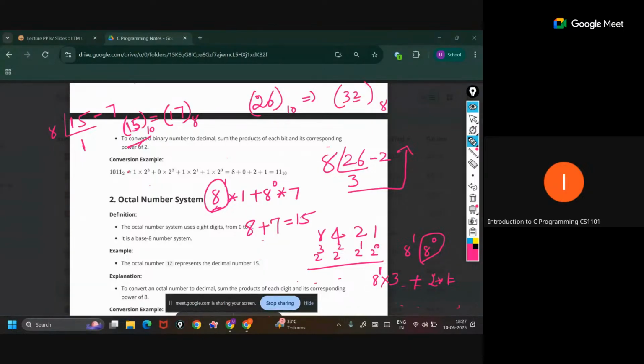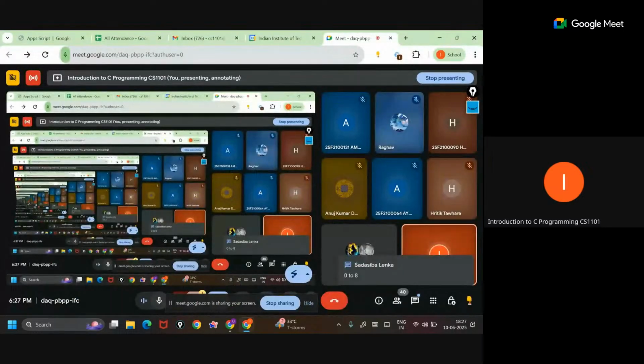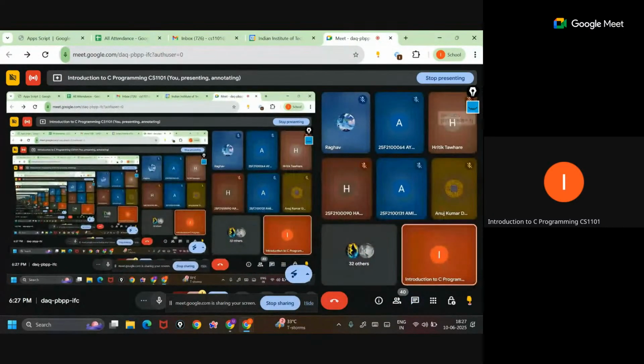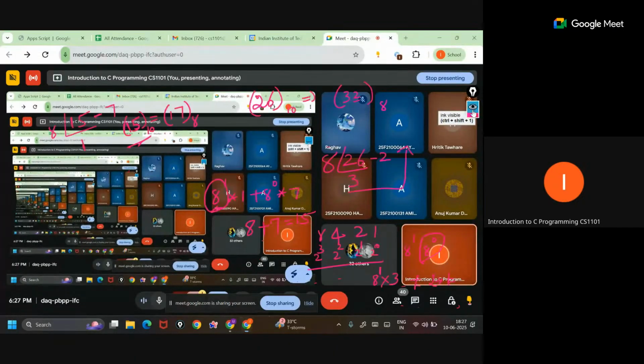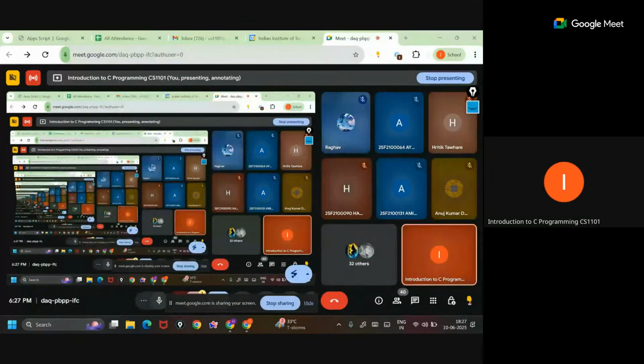Here it is from 0 to 7. How is it 0 to 7? Because generally base 8 can have the remainders from 0 to 7, right?